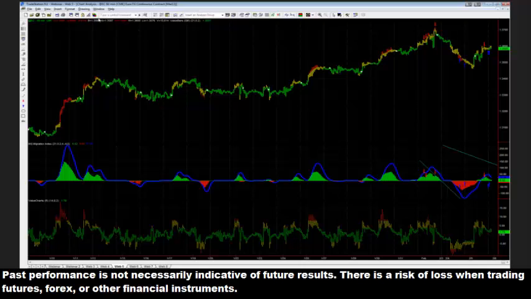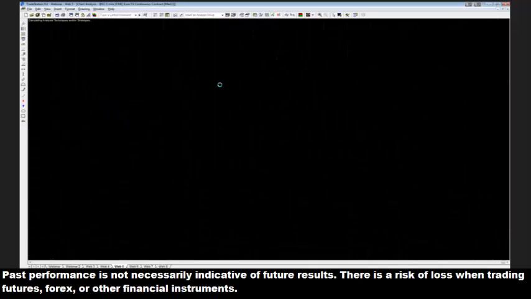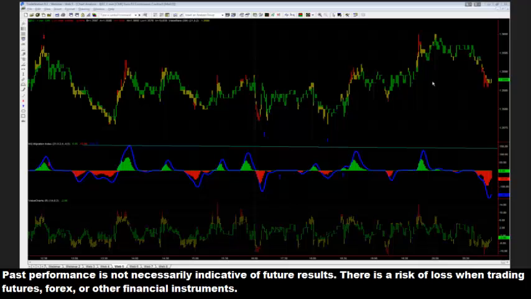One way is to choose a different bar interval. I can do that by choosing 1 minute if I wanted a really short-term value focus, if TradeStation will actually perform the calculation here one of these years. You can do 1 minute, 5 minute for a little bit longer, 30 minute, 60 minute, 120 minute, daily, weekly, and monthly for really long. So this is 1 minute. That's very short term.